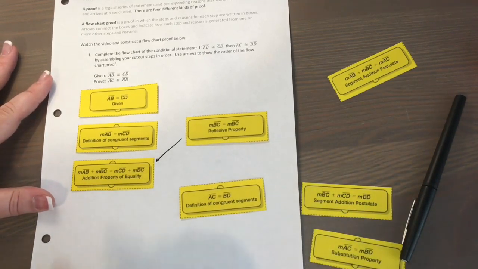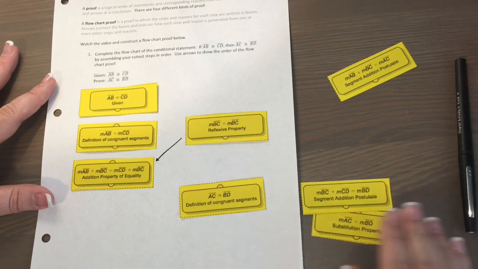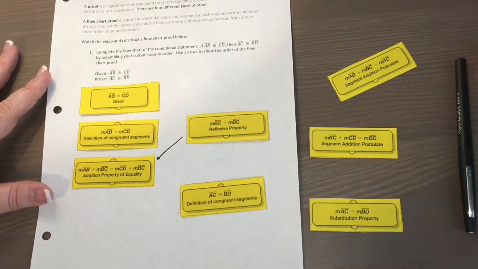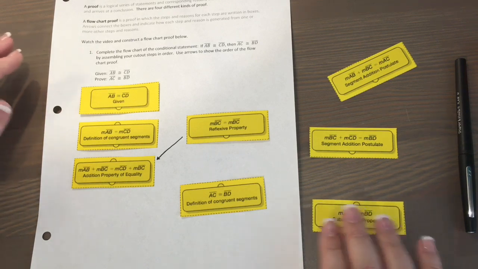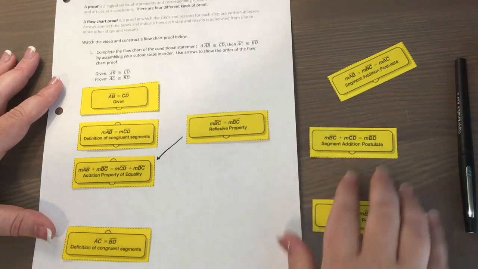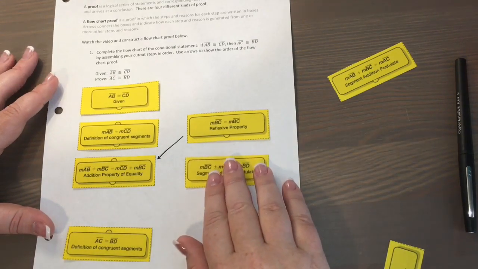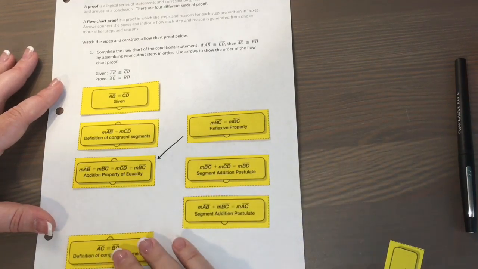And then after this, let's see, what would be something that I could use? I'm thinking that I could probably use the segment addition postulate. So we would put this here. And then I could also use this segment addition postulate here.